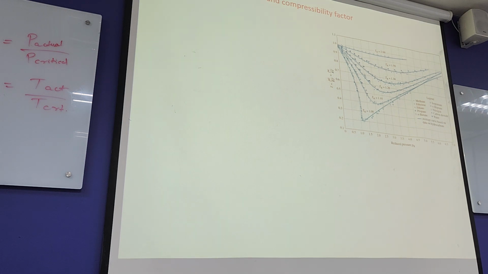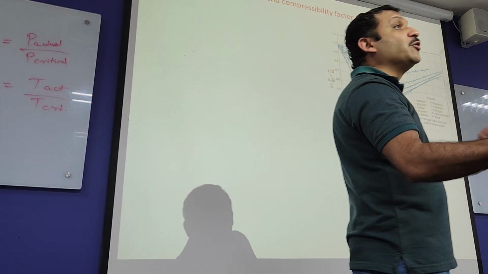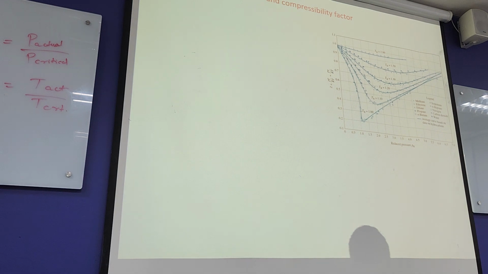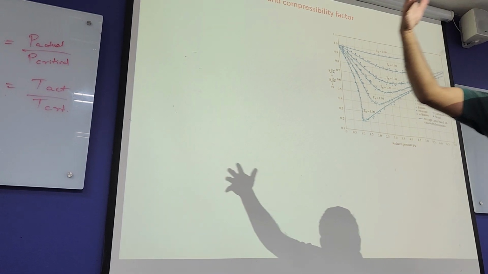So if the pressure was low, temperature needs to be very high, maybe critical or close to critical, or even above critical, and it will behave like an ideal gas. So a real gas will tend to behave like an ideal gas if the pressure is very low and temperature is high. Those are the conditions.